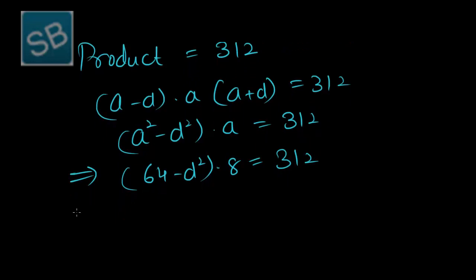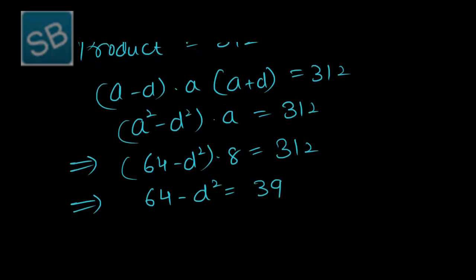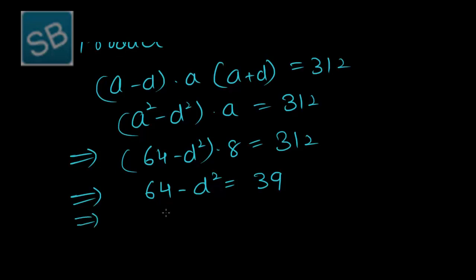That gives 64 minus D square is equal to 312 over 8, which is 39. That gives minus D square is equal to minus 25, so D square is equal to 25. That gives D is equal to plus or minus 5. We will see whether the terms are the same or different.